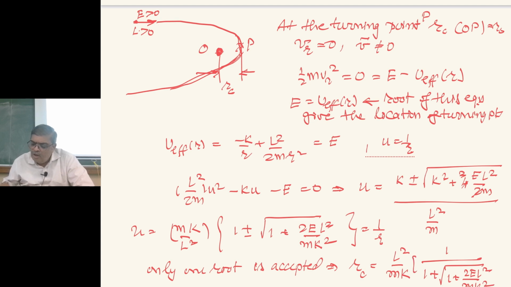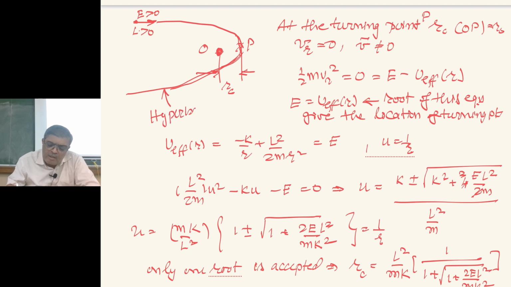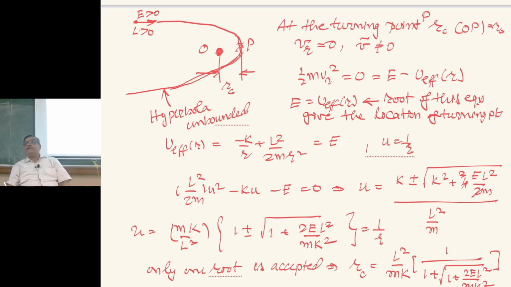So this is the location of the distance of closest approach for this particular thing. This trajectory here is a hyperbola, and it is an unbounded trajectory. That means it comes once close to the center of attraction, and then it goes away and it never comes back. It's gone.